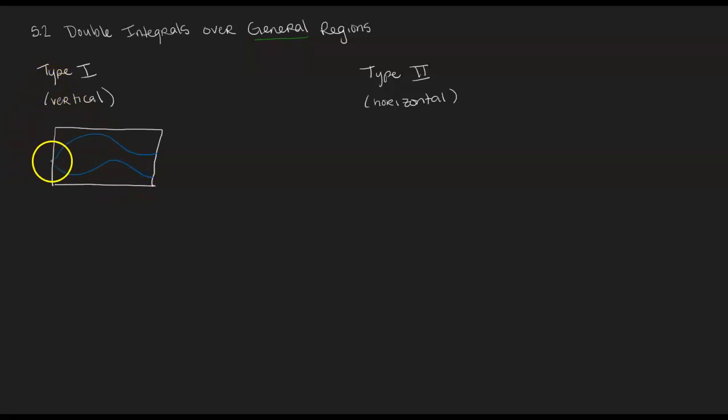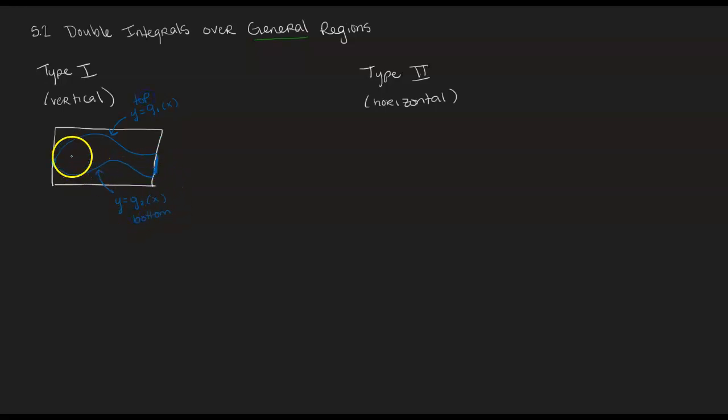So the left and right sides are still basically parts from a rectangle, but the top and bottom could be some functions. The top function, we're going to call something like y equals g1 of x. So it's some function of x for the top. And then the bottom function, that's also a function of x. So we'll call that g2 of x.